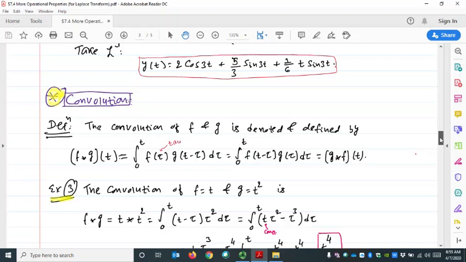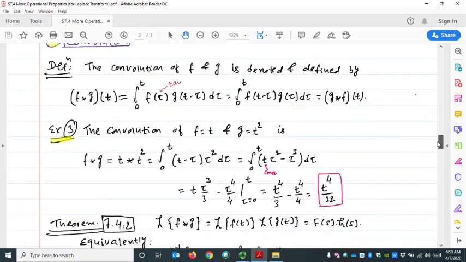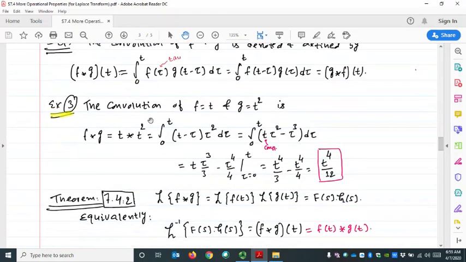So let's do a quick example of computing a convolution. Let's find the convolution of t and t squared, which is denoted t convolution t squared, defined by the integral from 0 to t of the first function t minus tau, second function simply tau squared, d tau. Let's foil this one: t times tau squared minus tau cubed d tau.